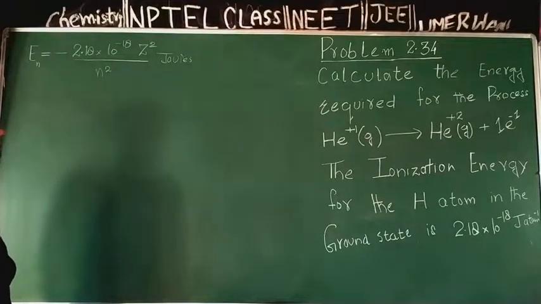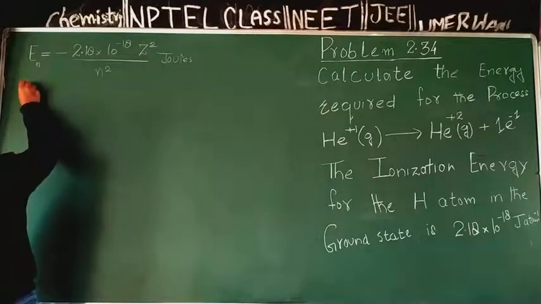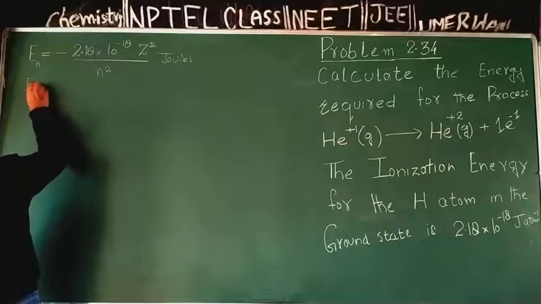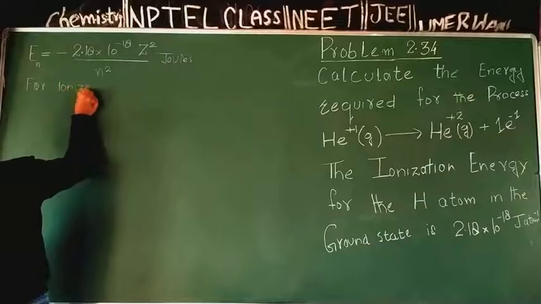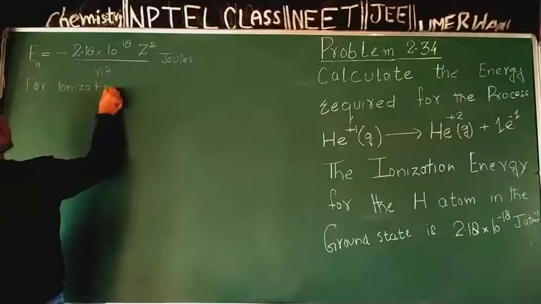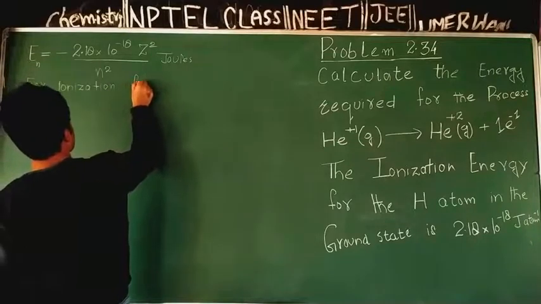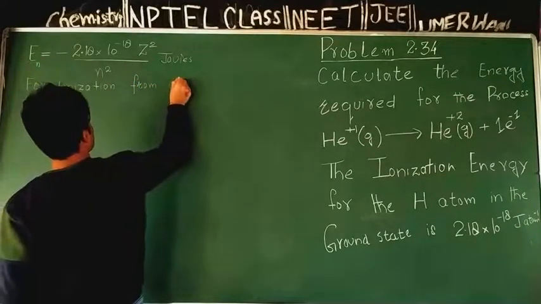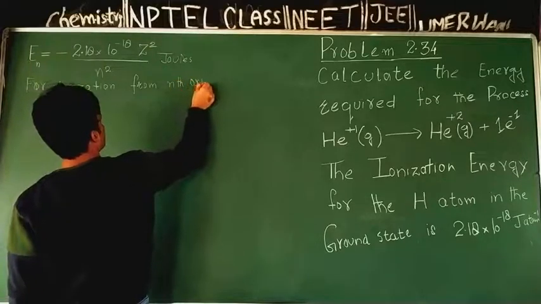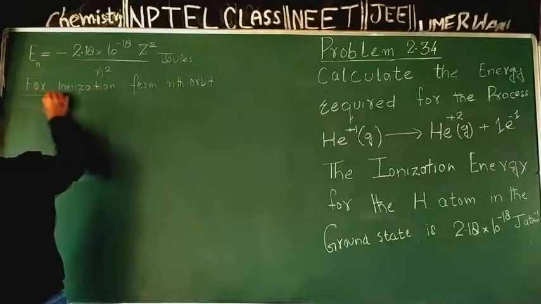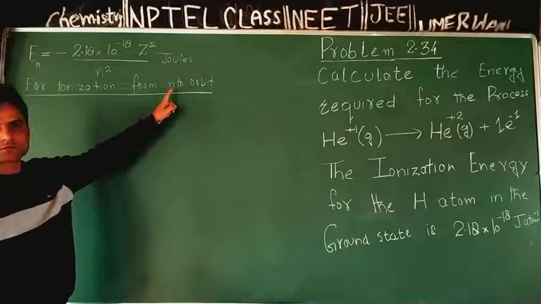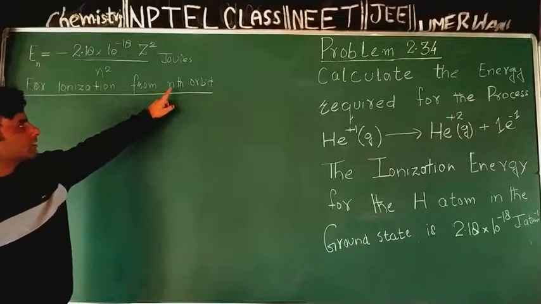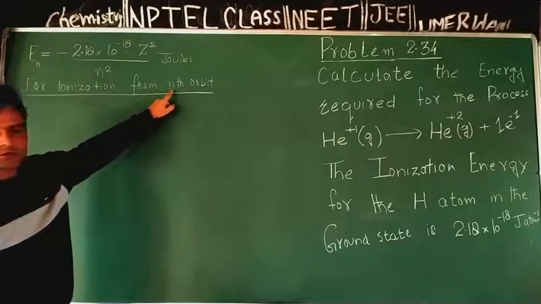Now for ionization from nth orbit, suppose electron is present in nth orbit, and n can take any value: n is equal to 1, n is equal to 2, n is equal to 3, likewise.